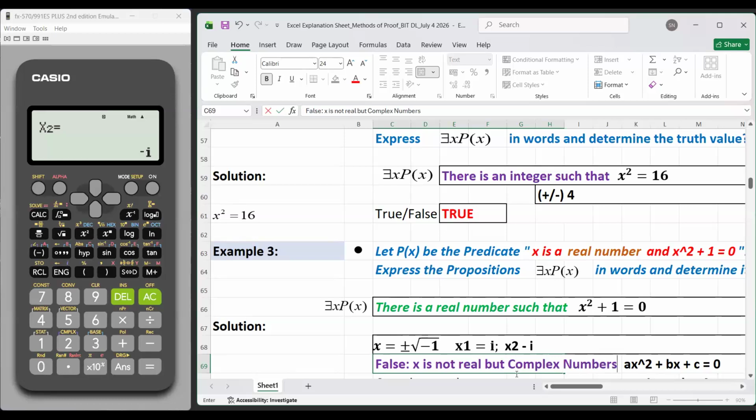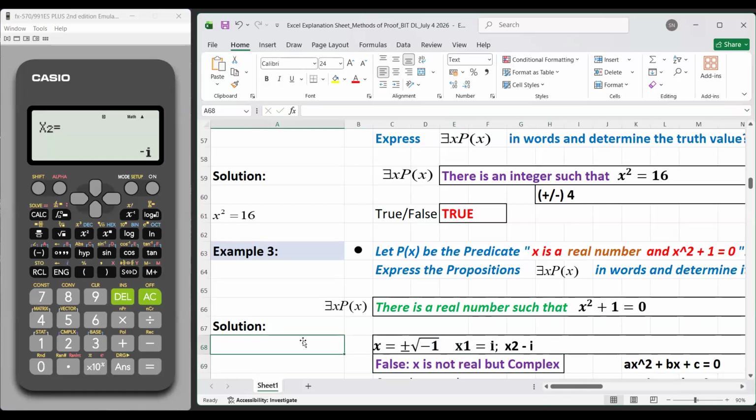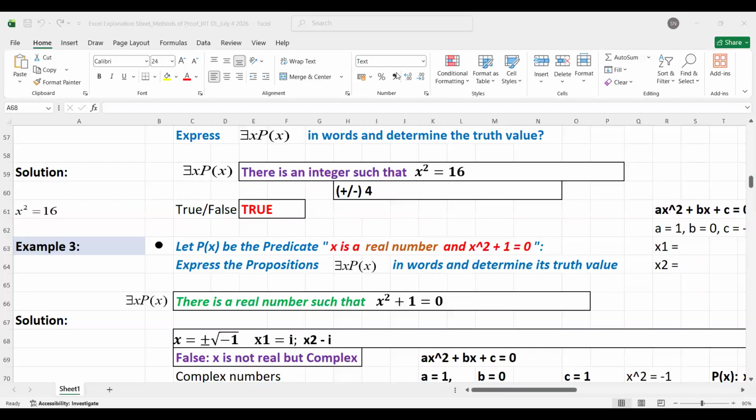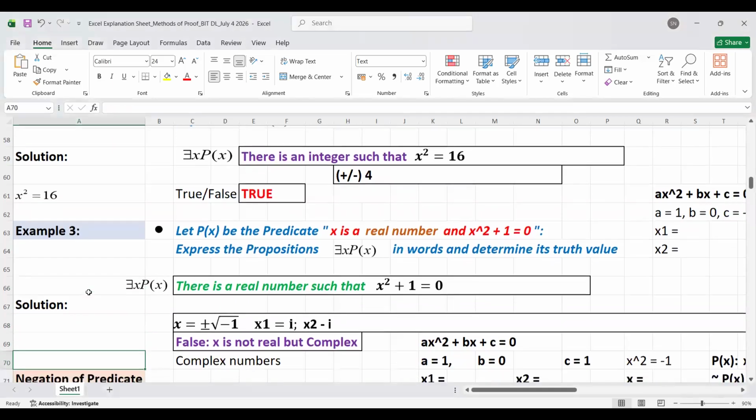So the value of x that, when you square and add 1, will give you 0 will not be a real number. It will be a complex number. Okay, so that is why this equation is giving us values that are not real. Okay, so basically this is where we are with solving this.